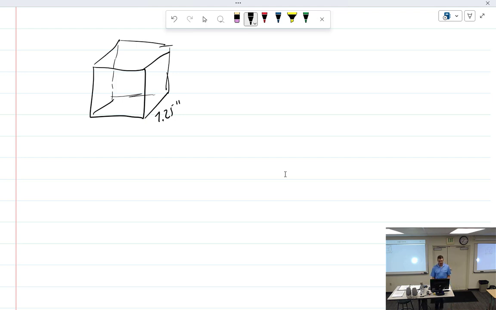All right, well then what's the height? 7.25 inches, and what is the width? 7.25 inches. That's the cube. So what do we do? Multiply 7.25 by 7.25.